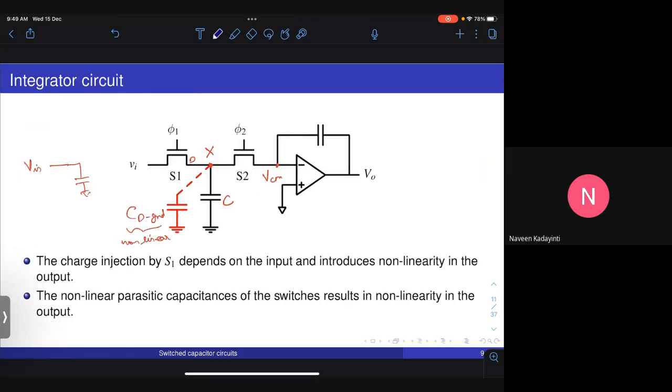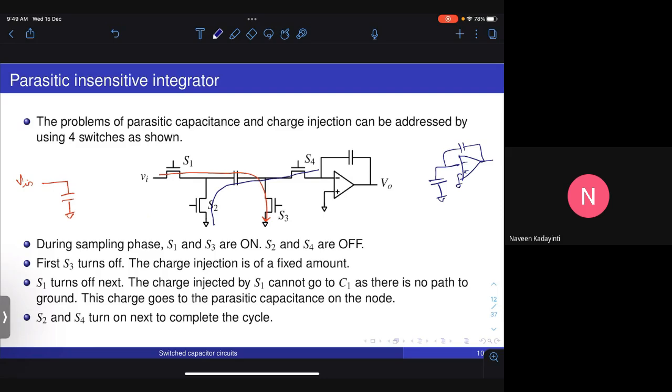Even in this simple network, in the integrating phase, what you have is the same network. Basically, S2 is closed, S1 is open. So the equivalent circuit looks like what is shown here. The basic thing is that fundamentally nothing has changed in the sampling phase and in the integrating phase. The equivalent circuits are the same.